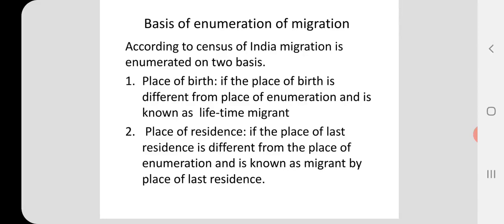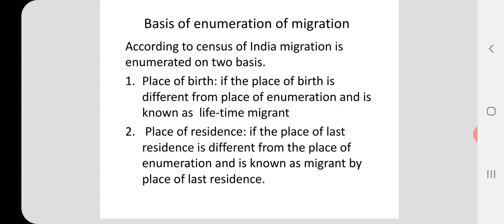If the place of birth is different from the place of enumeration, it is known as lifetime migration, and people who migrate from their place of birth to the place of enumeration are called lifetime migrants.